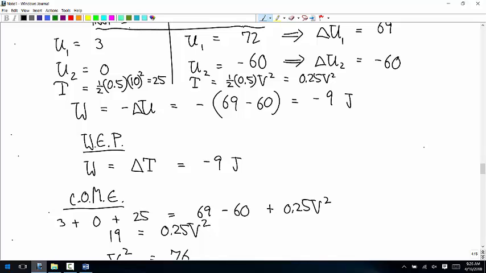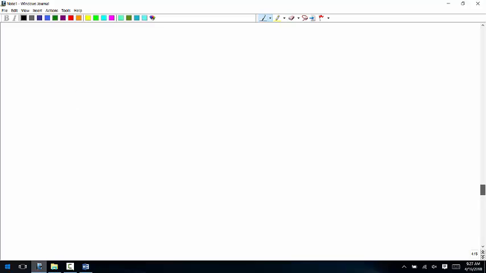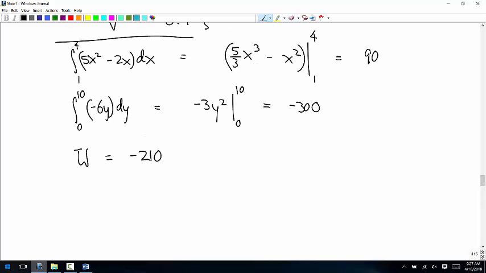Let's see. Oh, yeah, because no, you can't integrate because these are not force functions; they're potential energy functions.